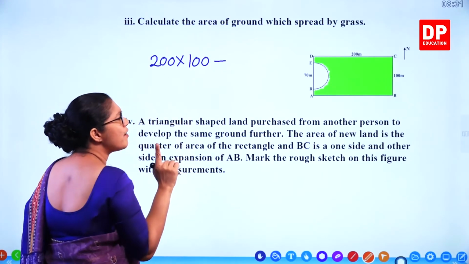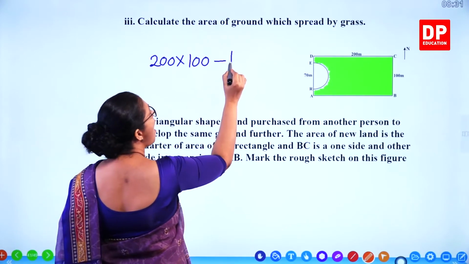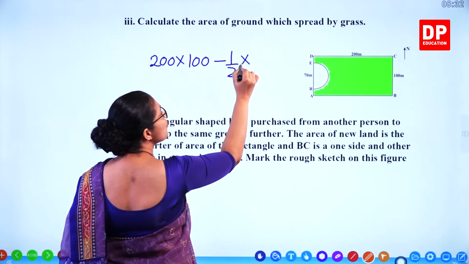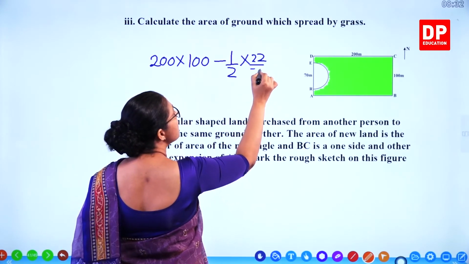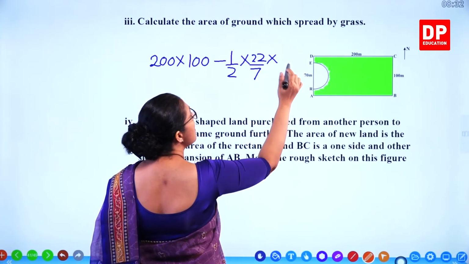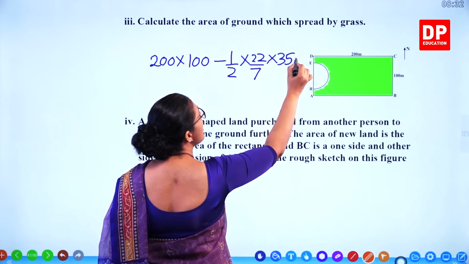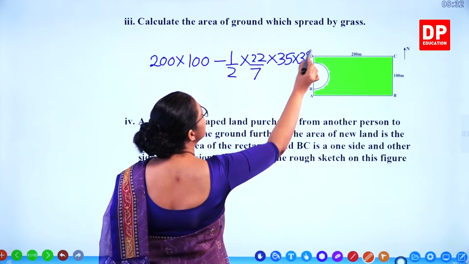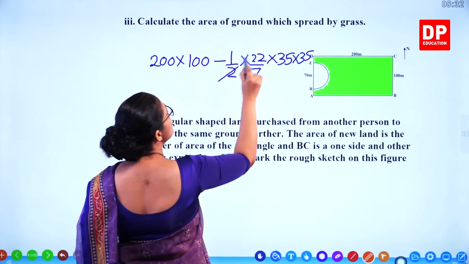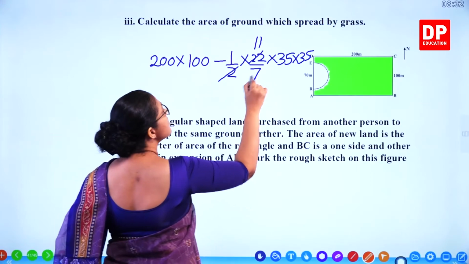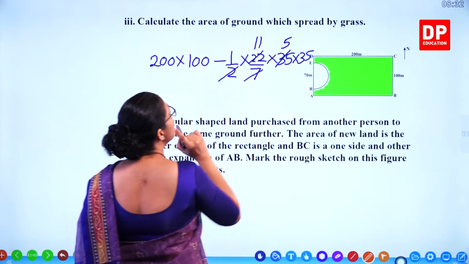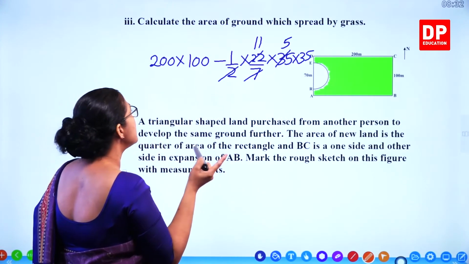Minus, what's the area of the semicircle? Half pi r squared. Pi is 22/7. What's the radius there? 35 times 35. 2 get cancelled out with this one. 7 times 5. So 55 times 35.